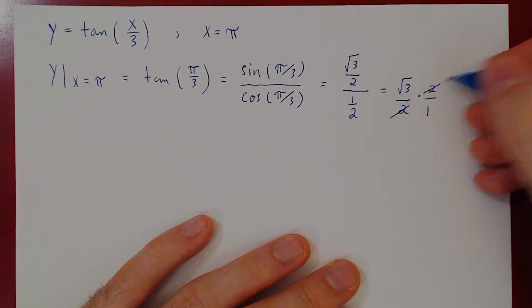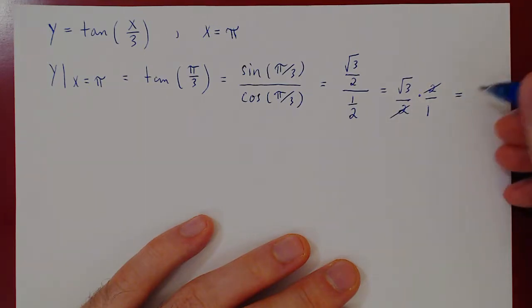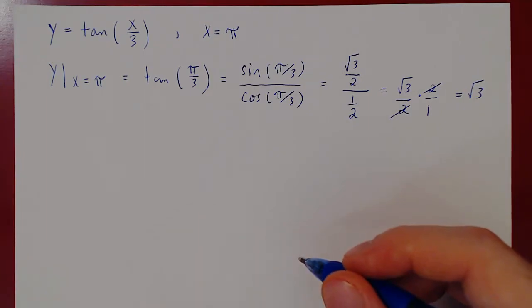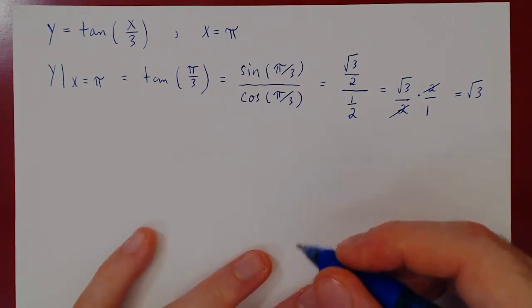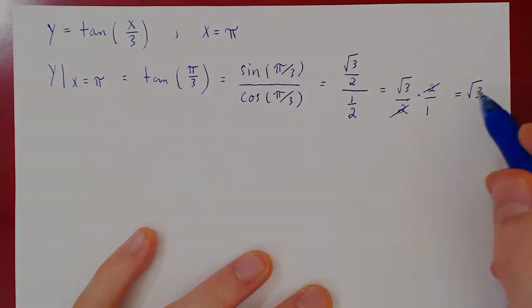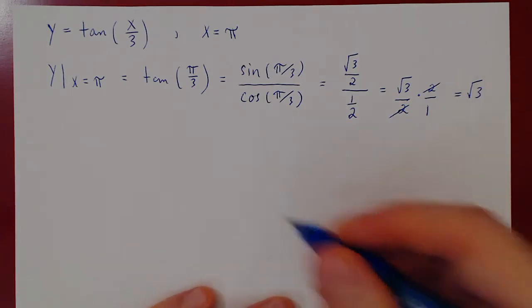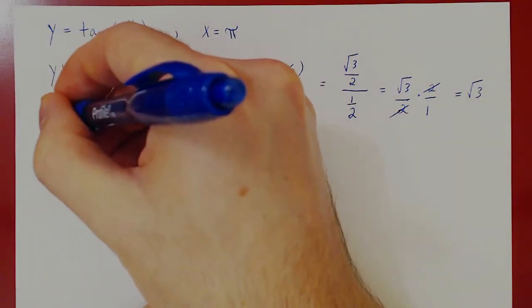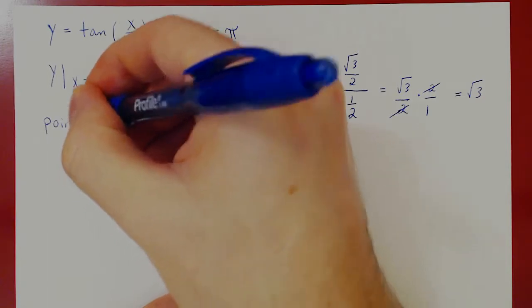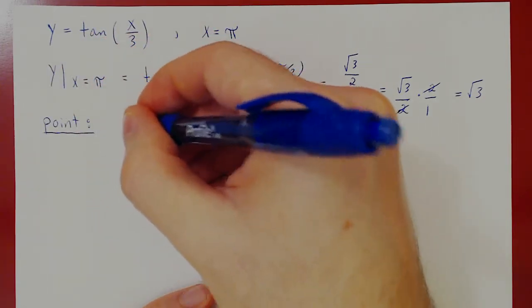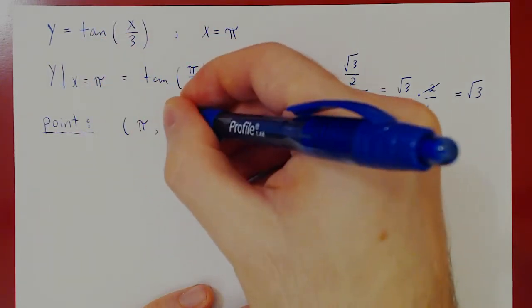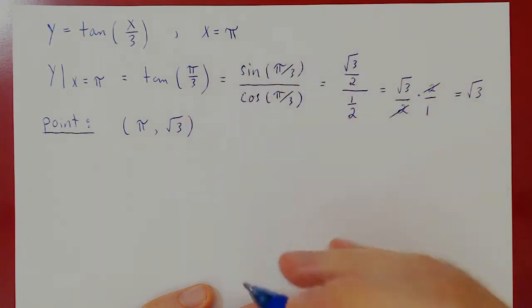You can cancel the 2 over 2, and you're left with root 3 over 1, which is simply root 3. And so we have now the point on this function. The value of x is pi, the value of y is root 3. So here's our point: x equals pi, y equals square root of 3.